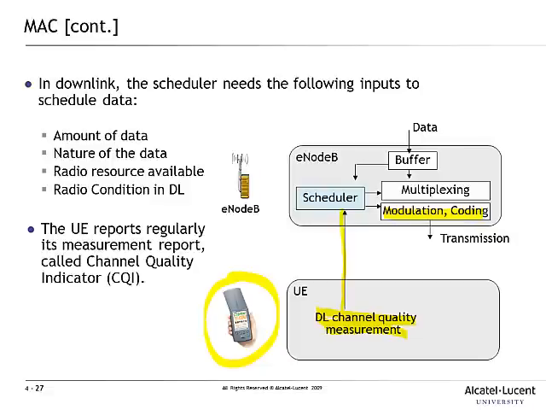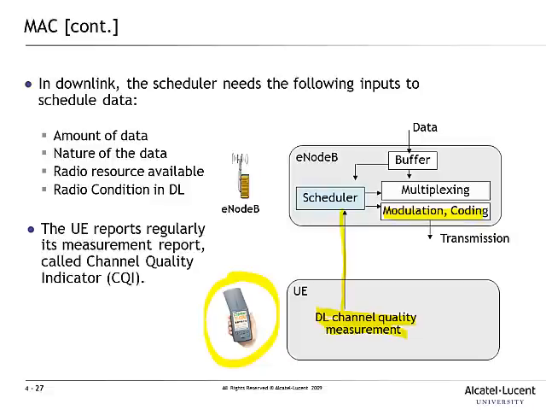So the scheduler will use, okay, how much data is sitting in the UE buffer. Does the UE need one resource, one PRB, or does it need two PRBs? And what type of data is sitting in the buffer? Is it real-time data or non-real-time data? Remember, if it's real-time data, we have to try and get that data through the transmission link as quickly as possible.